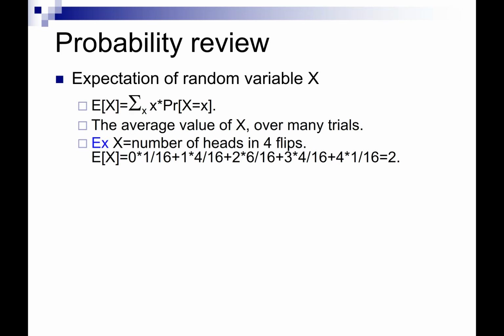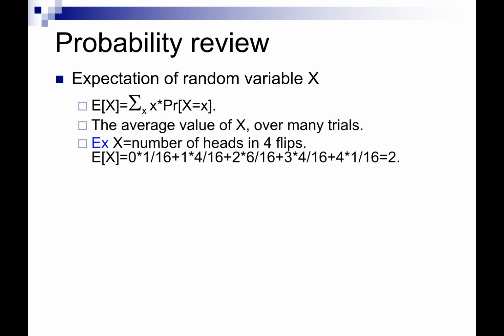The possible values for x are anywhere from 0 to 4, and we're going to multiply each of these little x by the probability of getting that value. For example, the probability that you get 0 heads is 1/16. The probability that you get 1 head is 4/16, and so on. We can write out this entire sum, and we're going to find that indeed the sum comes out to 2.